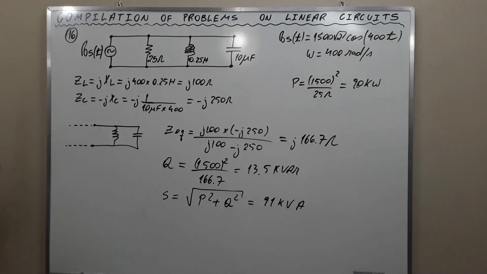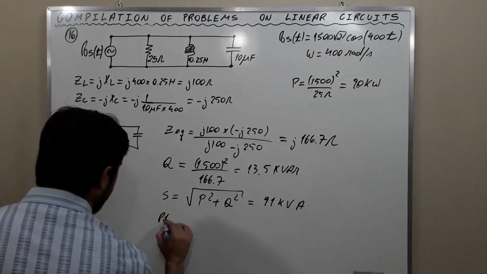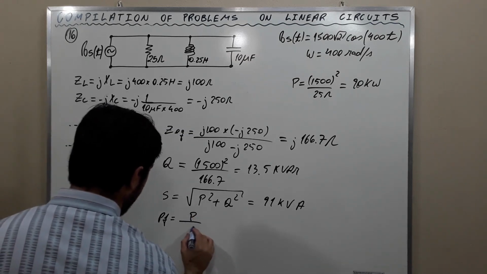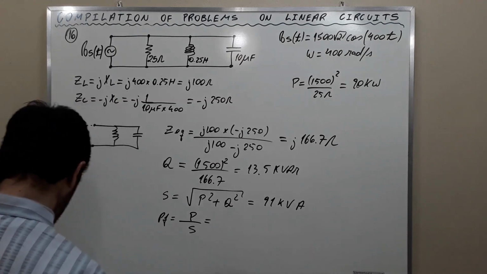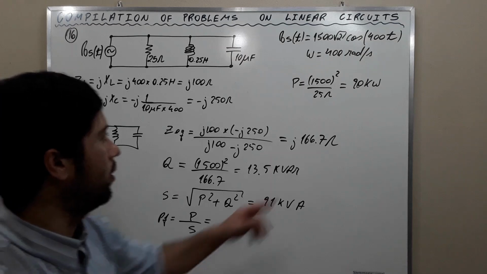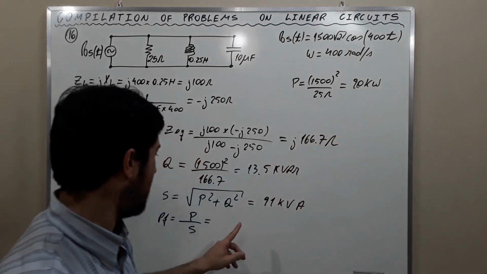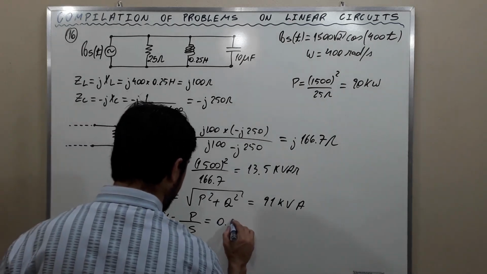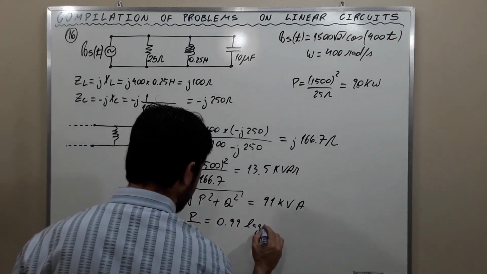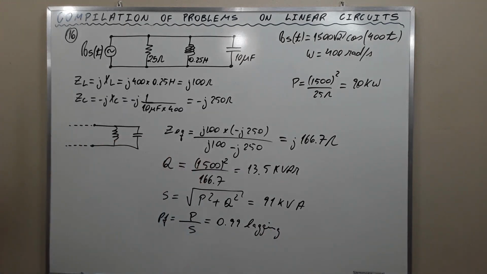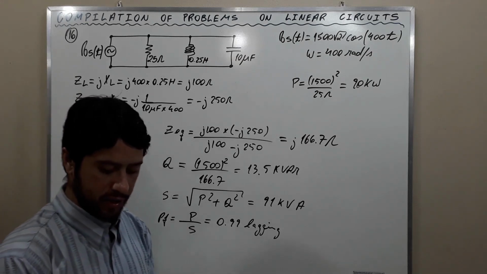And to calculate the power factor, it is going to be P over S, which is 90 over 91, and we find 0.99 lagging. So it is a lagging power factor. And my friends, this is all for exercise 16.